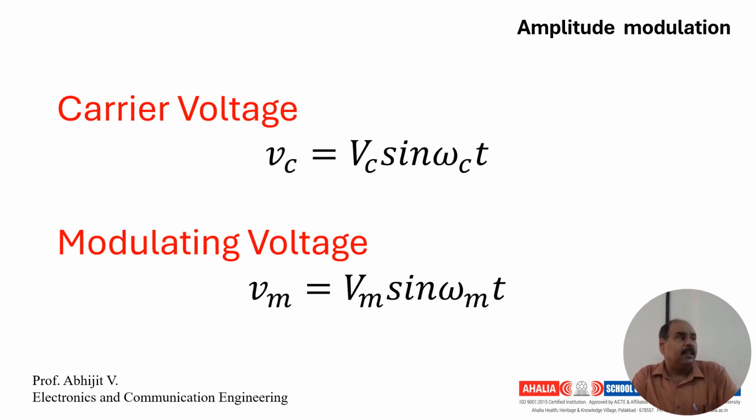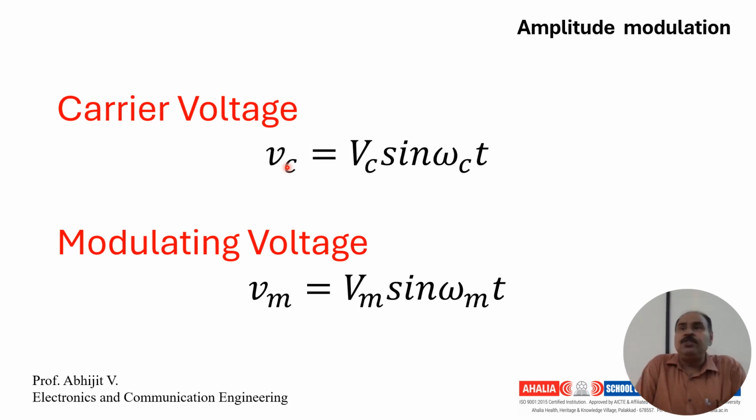So let us consider the carrier voltage or the carrier signal to be something like this. Vc is equal to Vc sine omega c t. Whenever I use a small letter, it means it is an instantaneous value. That means that it changes in accordance with time.